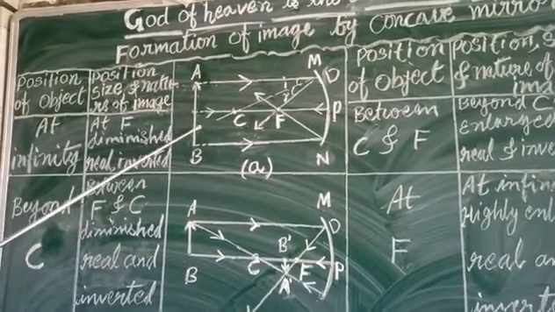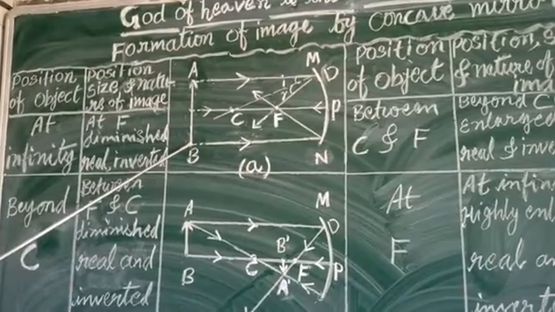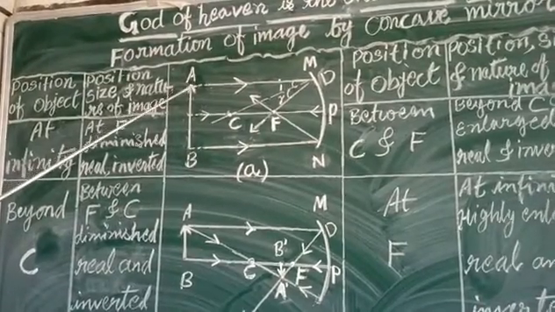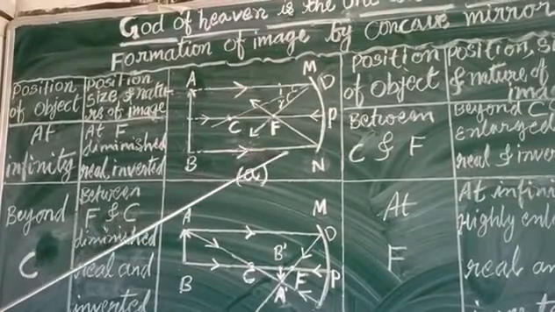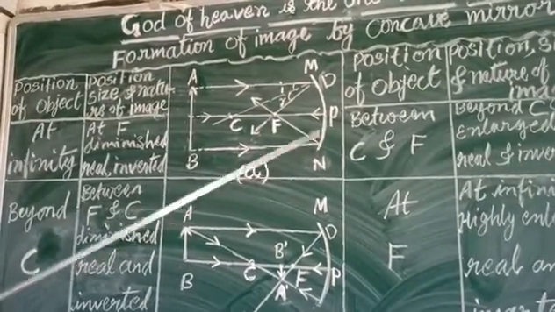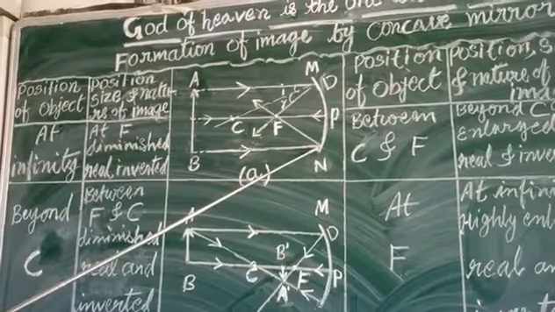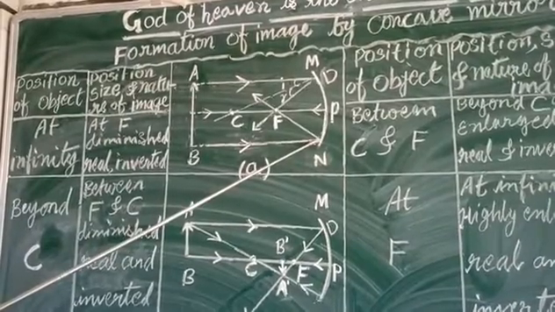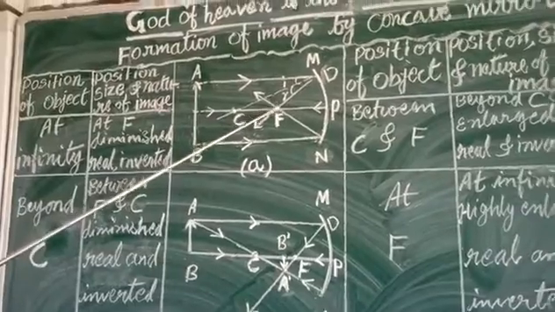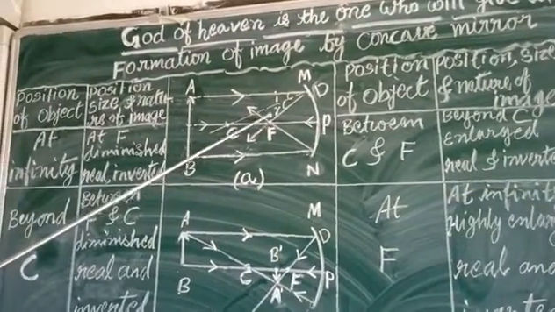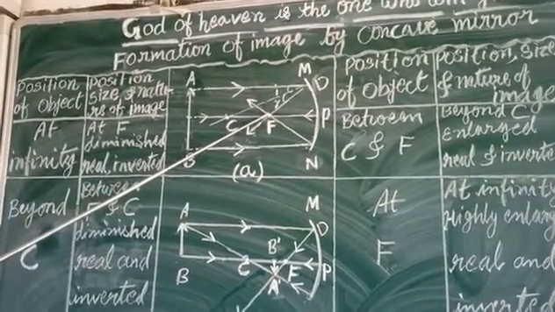And the other ray of light from the bottom of the object strikes the surface of the concave mirror, and after reflection it also intersects at the principal focus.